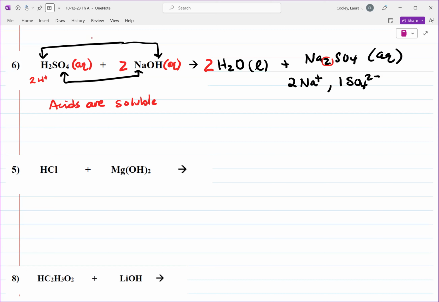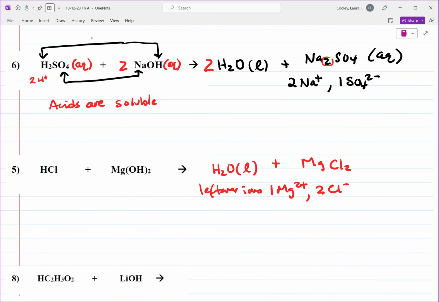What about this one? What's the one product going to be? H2O. And what are the leftover ions? Right, we have magnesium and chloride. We would need 2 of these to balance 1 of those. All right, now we have to figure out the phases.